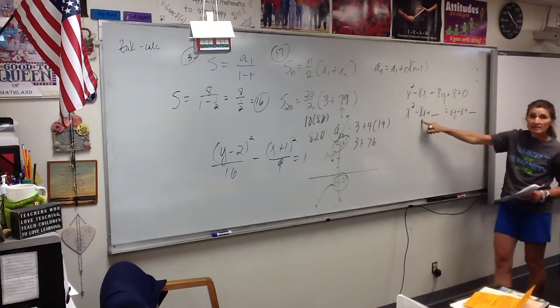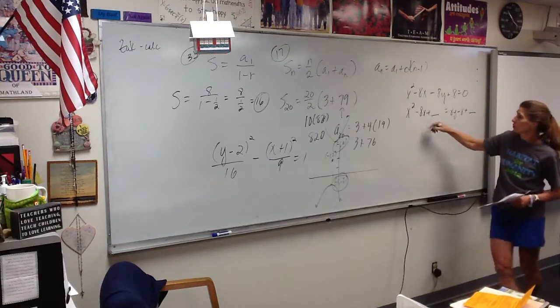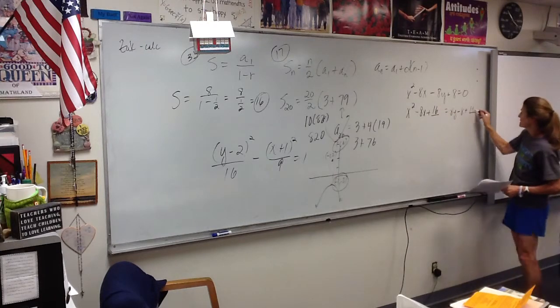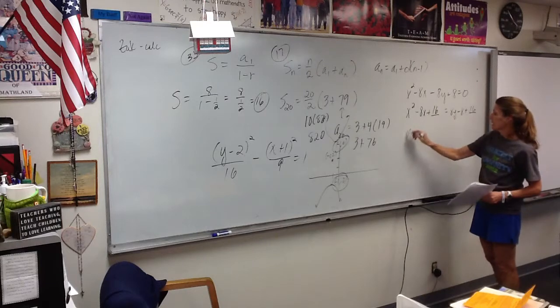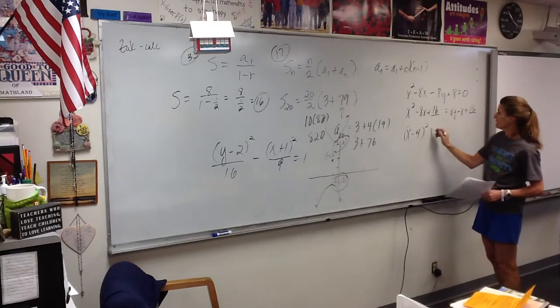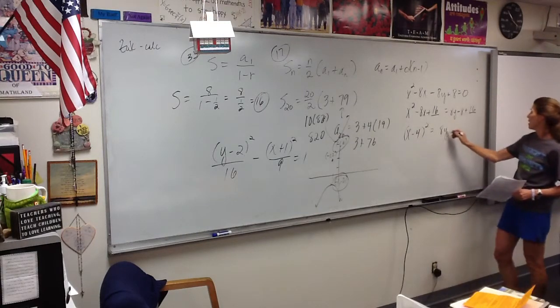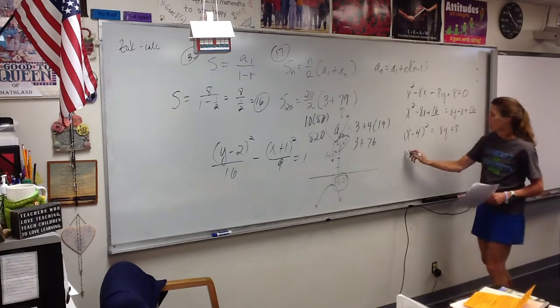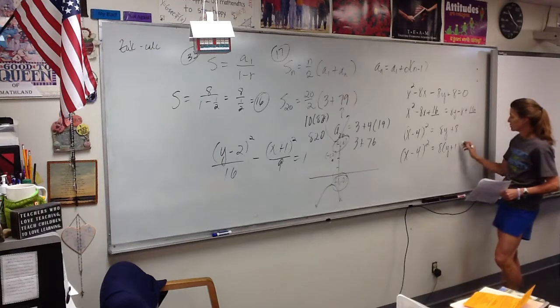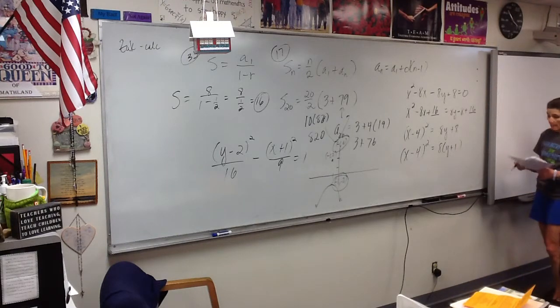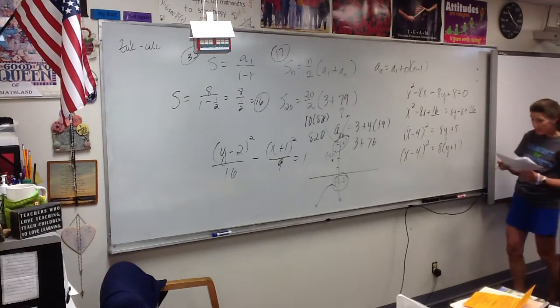Half of 8 is 4, squared is 16, and that's 16 to both sides. So I have x minus 4 squared equal to 8y plus 8, or x minus 4 squared equal to 8 times y plus 1.